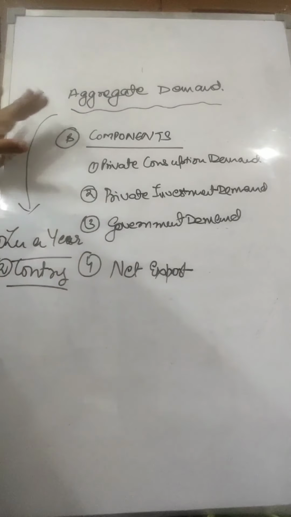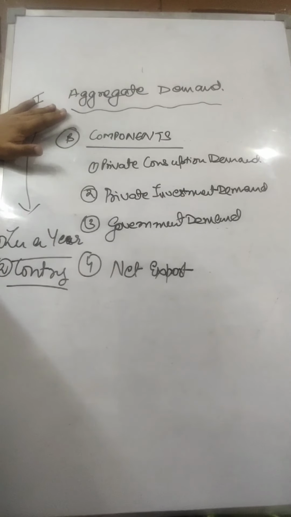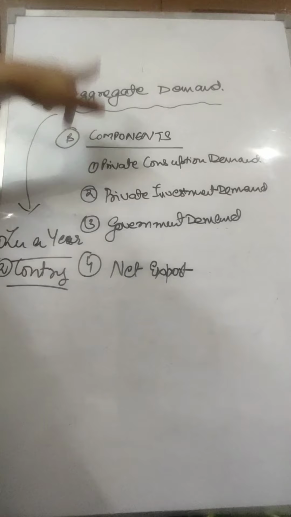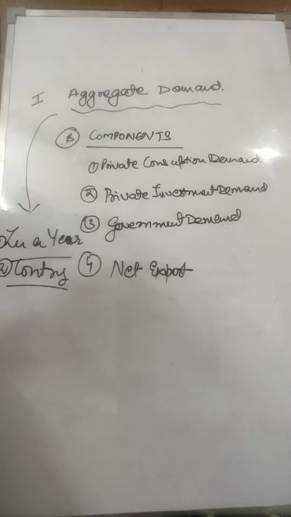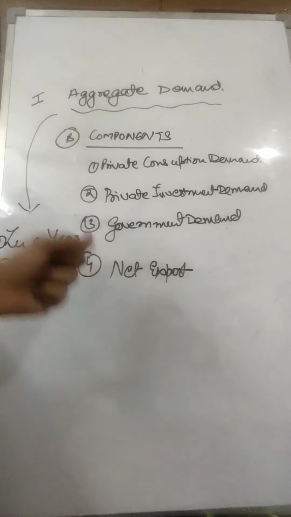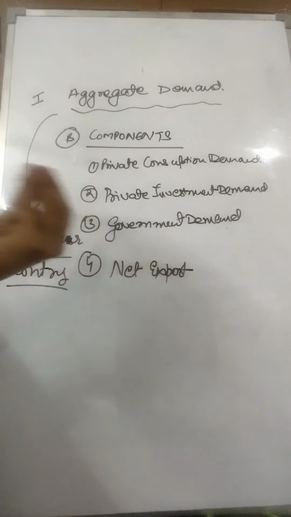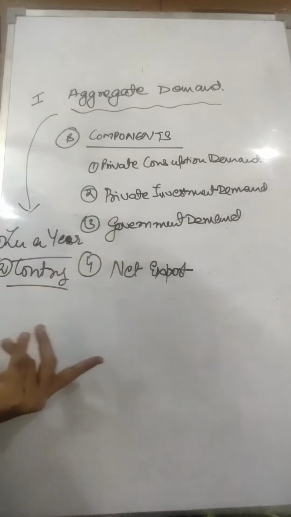So that will make up your definition, and you can note it down as well: aggregate demand refers to the total value of final goods and services that are demanded in the economy in a year. Or you can also state it in other ways, that aggregate demand refers to the amount of expenditure.